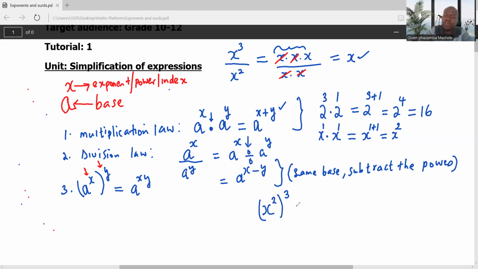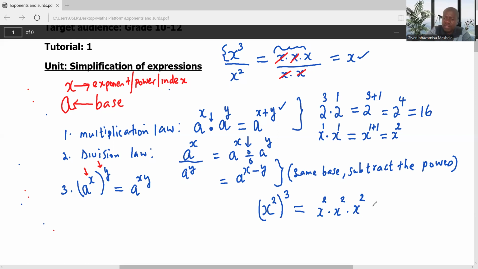If we want to expand this, like the example I did here, it will be the same as x squared multiplied by x squared multiplied by x squared, which means we repeat x to the power of 2 three times.